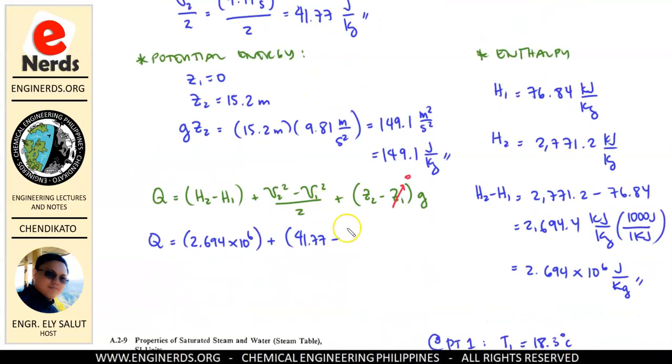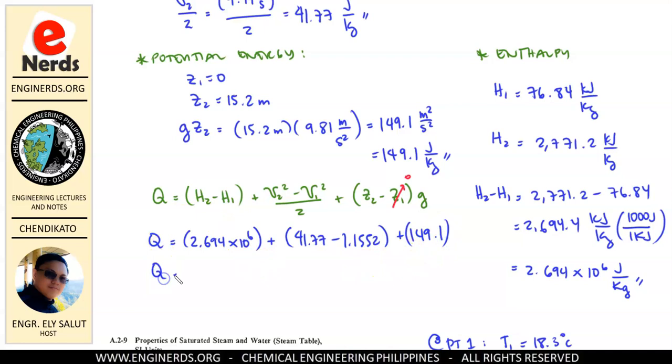So, we have 1.1552 plus our C2G. Ito na yung value natin. C2G is equal to 149.1. Okay, so ang unit natin dito, don't forget, is joule per kilogram. Okay, so now, we can solve. So, lagyan na rin natin ito para hindi tayo malito, no?